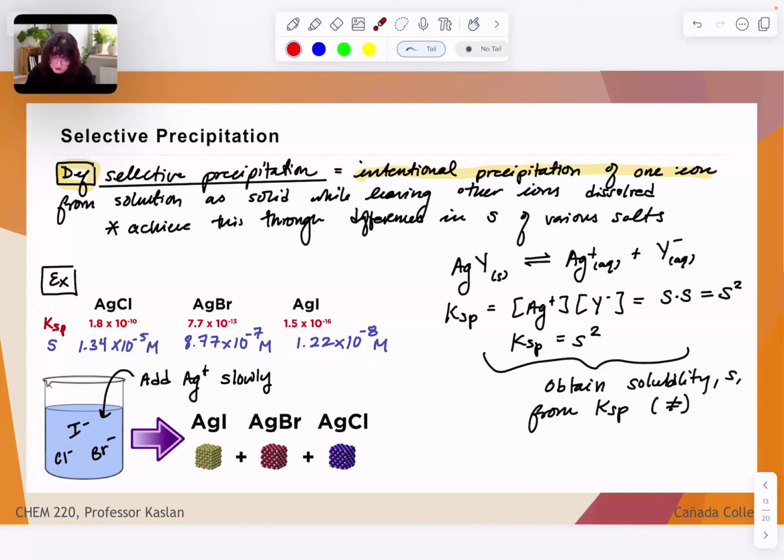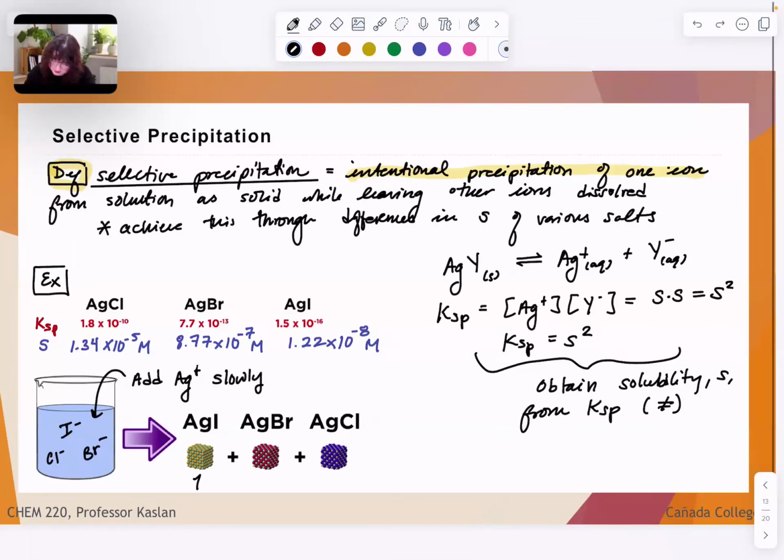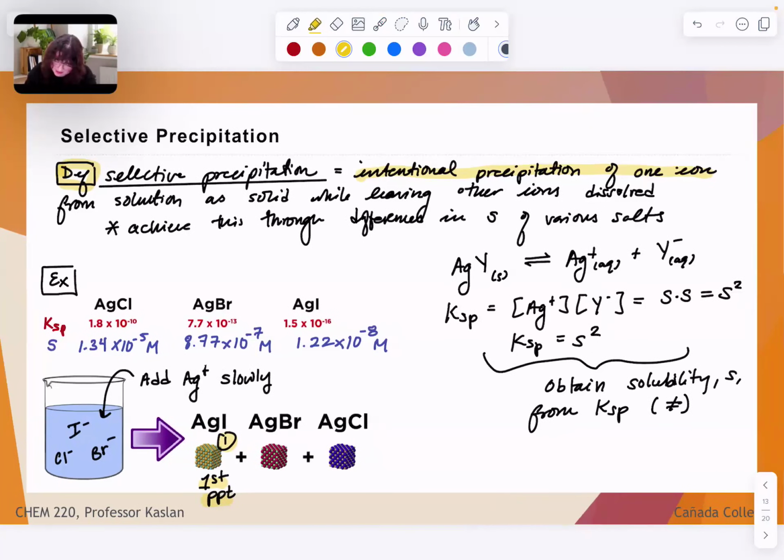So first I would see a precipitate that is silver iodide. And then if I were to add any quantity greater than this, but less than this, I would then be approaching the point where I could hit saturation for my silver bromide compound in solution.